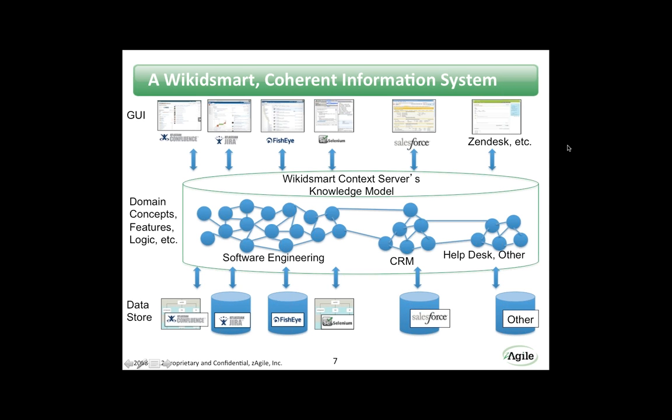So visually speaking, here's what it looks like. That knowledge model that I just described, think of it as an intermediate layer between your GUI and the back end of your various tools and applications. This is a non-invasive intermediate layer.